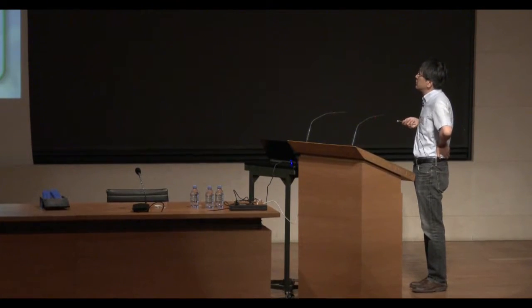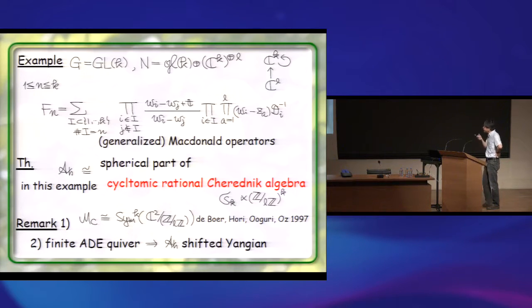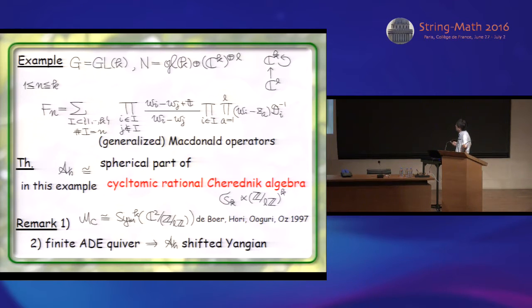And this is a rational degeneration. So in this particular case, the simultaneous eigenfunction is the Jack polynomial. And if there is this term, in that sense, this is a generalized Macdonald operator. But this additional factor is also natural, and by using this description, we prove that the quantized Coulomb branch for this example is the spherical part of the so-called cyclotomic rational Cherednik algebra, associated with the wreath product of the symmetric group and the cyclic group.